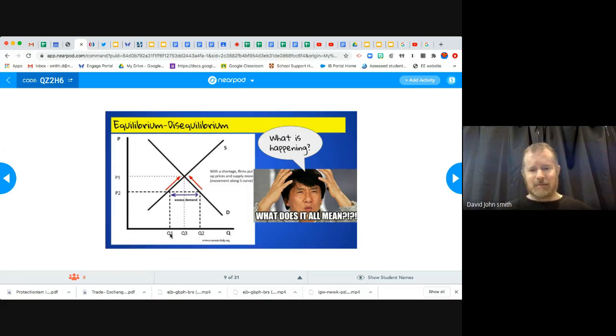And when that happens, something rather unique happens. If nothing else is changing it, the market will automatically adjust. And how it does that is that the prices are going to start being pushed up, because it's you, the consumers, who are going to start saying, tell you what, let's start bidding the price up. It's like at an auction. If you've ever been at an auction, there's one product and a whole bunch of people want it, and they start saying, oh, well, I'll pay $10, I'll pay 20, I'll pay 30, I'll pay 40, I'll pay 50.